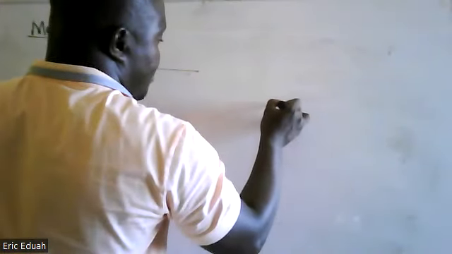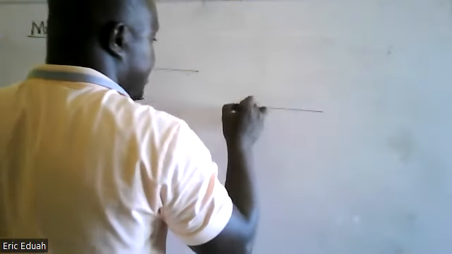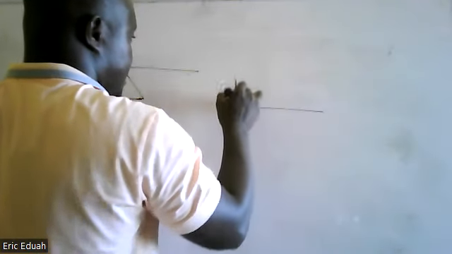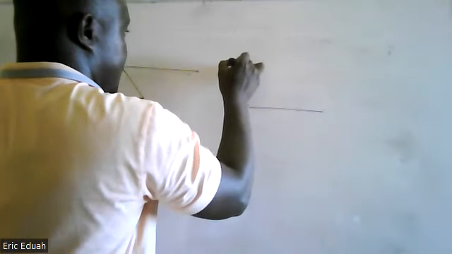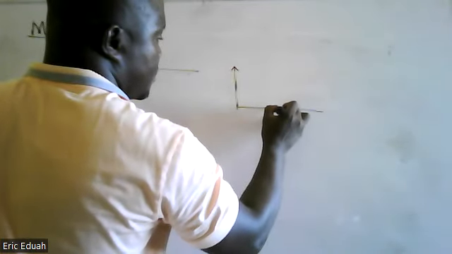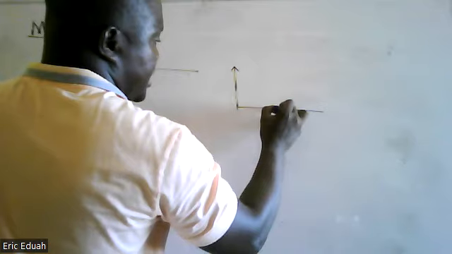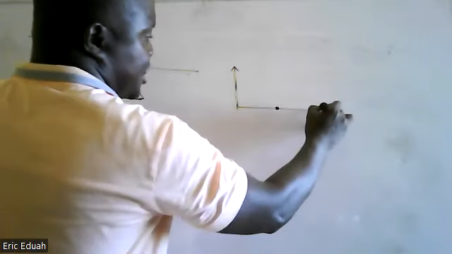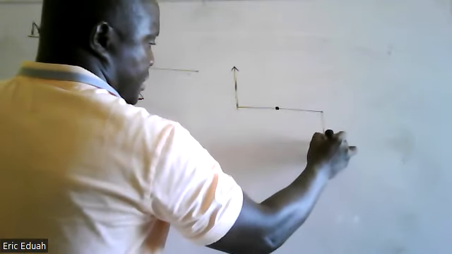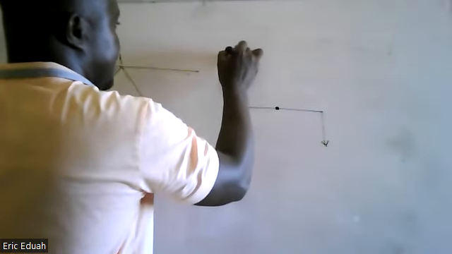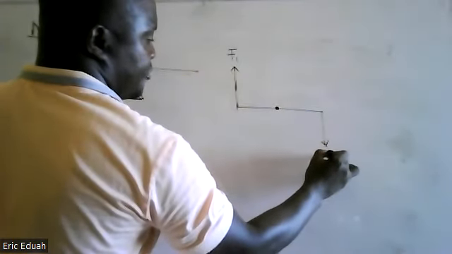Let me go back to the couple system again. So this is the center around which the turning takes place. So this is F1 and then F2.